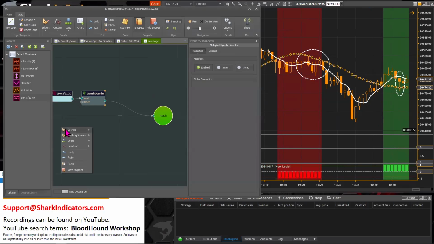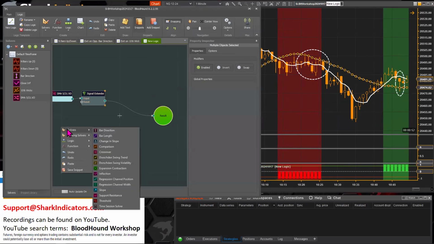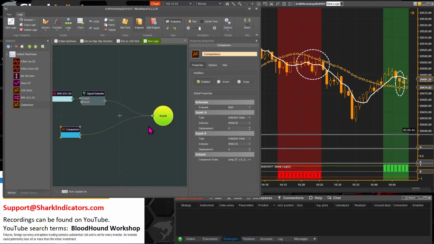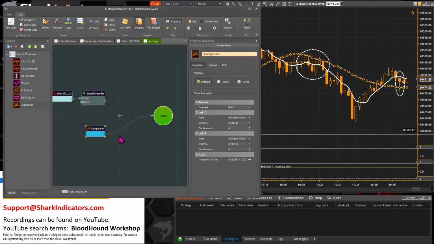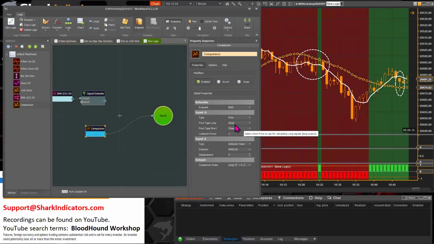So to set up that wick touching a moving average, or basically a bar touching a moving average, is a comparison solver. All right, so input A is going to be the bar prices.